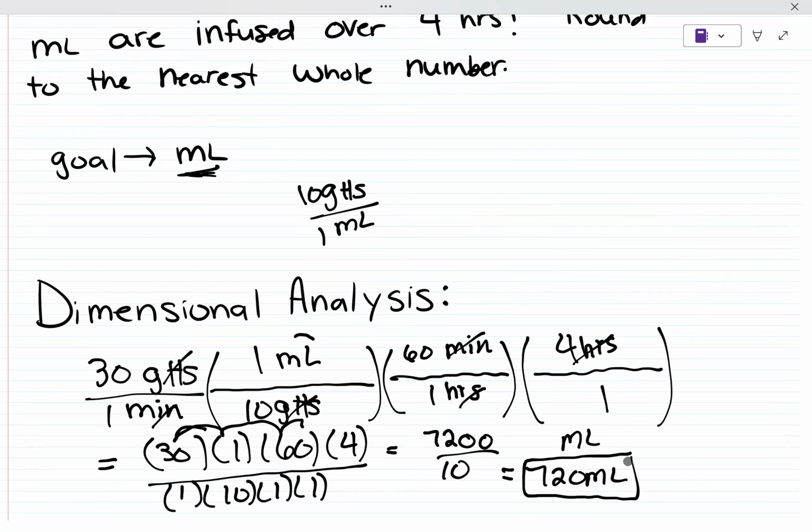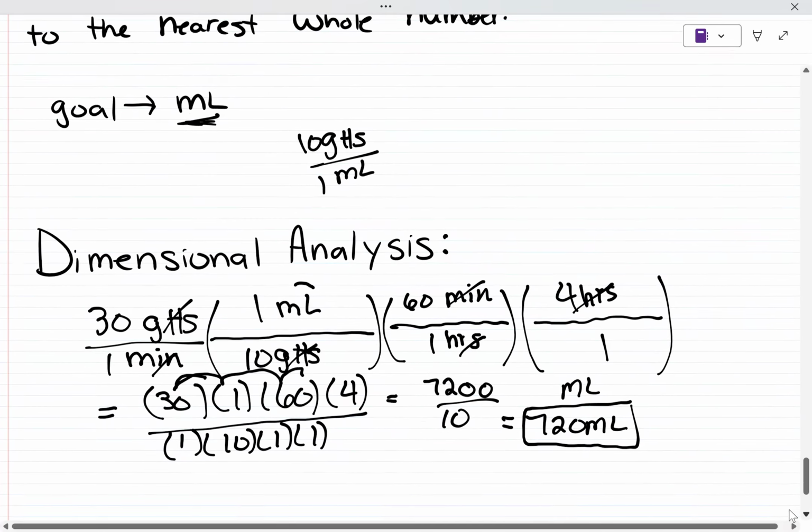Okay, so that is dimensional analysis. I love dimensional analysis because you can do it all at once. But if you want to do ratio and proportion, we can do that as well.